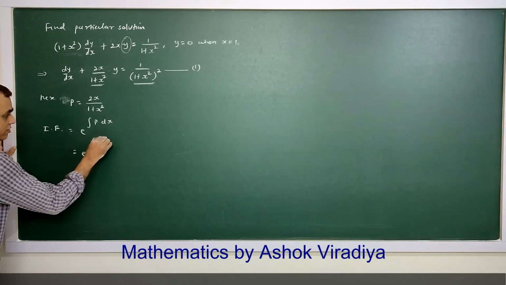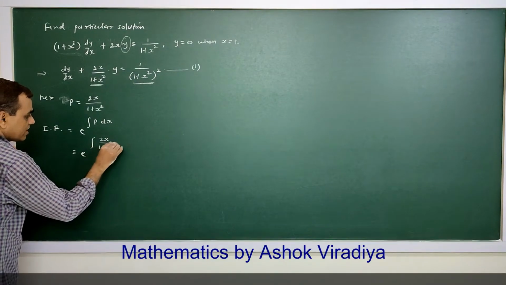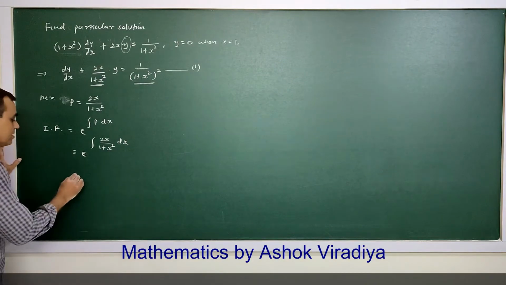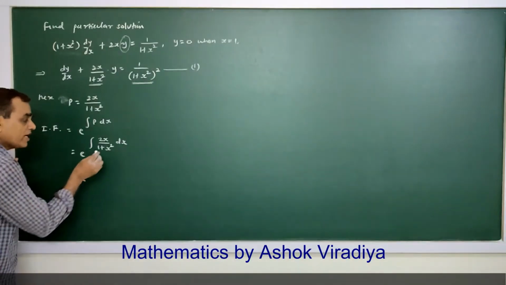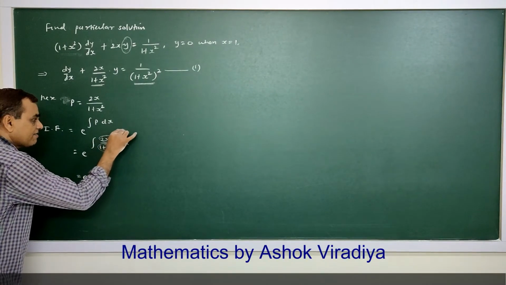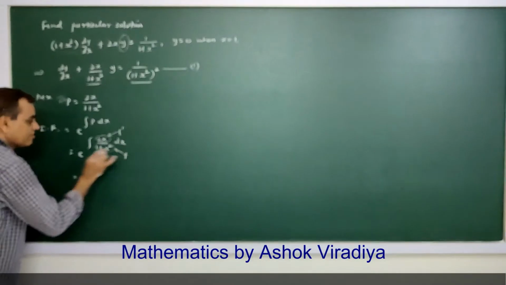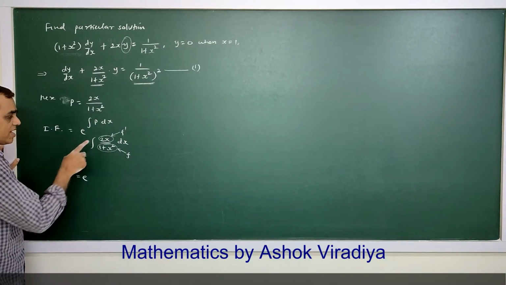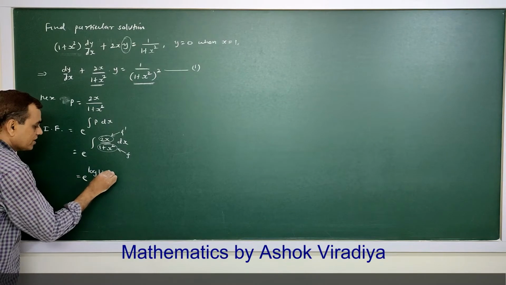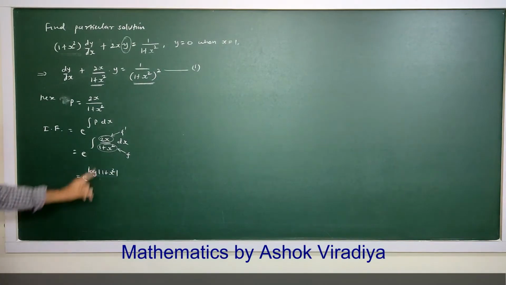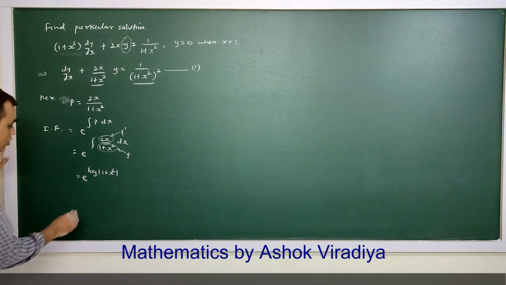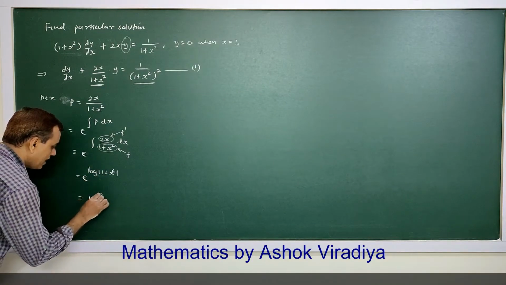So the integral of 2x upon 1 plus x square: you can see that the numerator is the derivative of the denominator, that is f dash upon f, and the integral of f dash upon f is log of modulus f. So it is 1 plus x square.